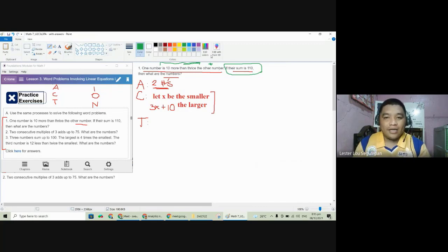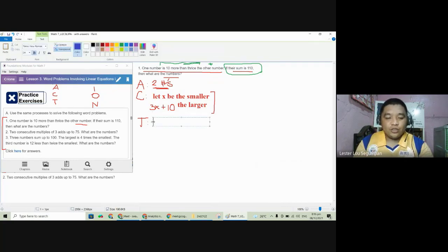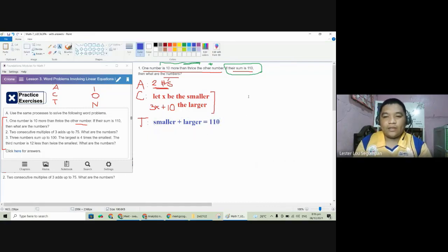And if we talk about sum in translation, we're just going to add them up. So in short, we will have smaller plus larger is equal to 110. This is what the sum of 110 tells us. And instead of exact numbers, we're going to use the representation.